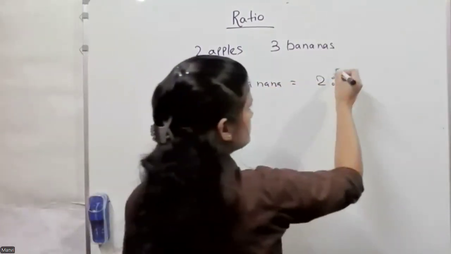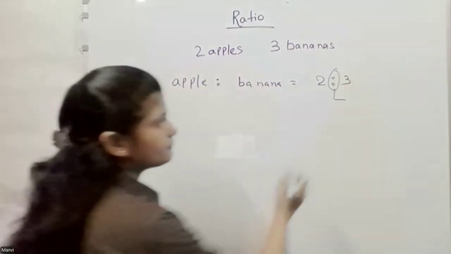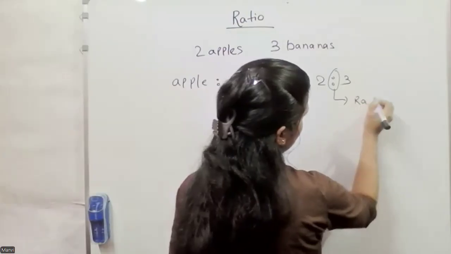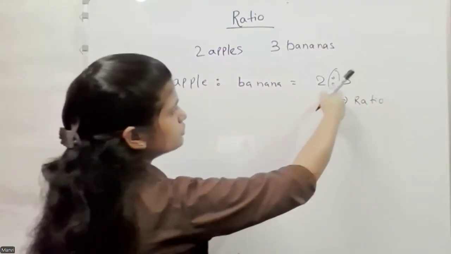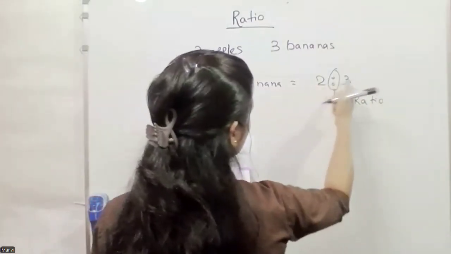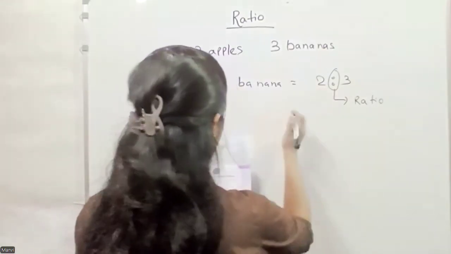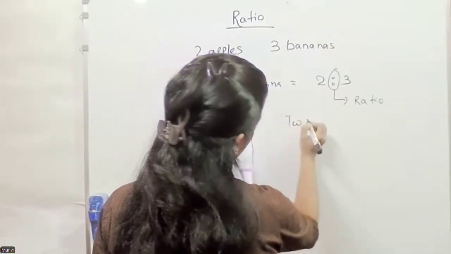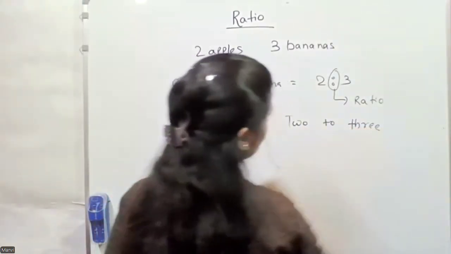This is the symbol of ratio. Simply, we can read it as 2 to 3.